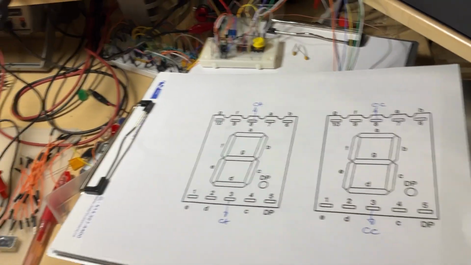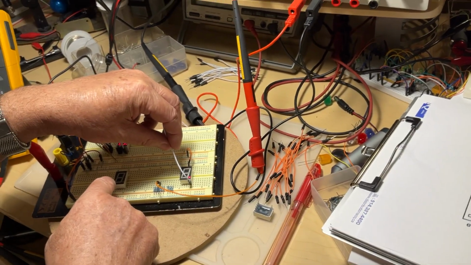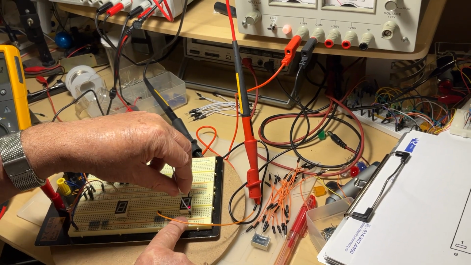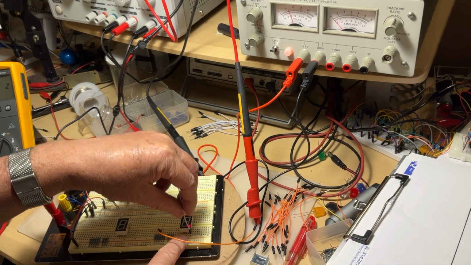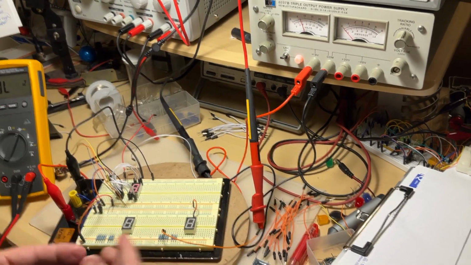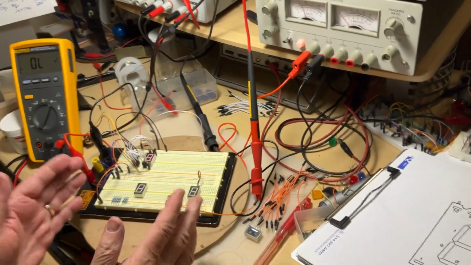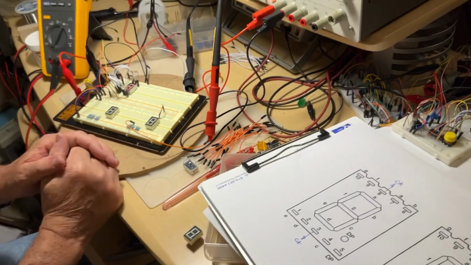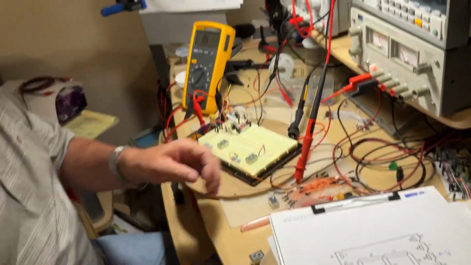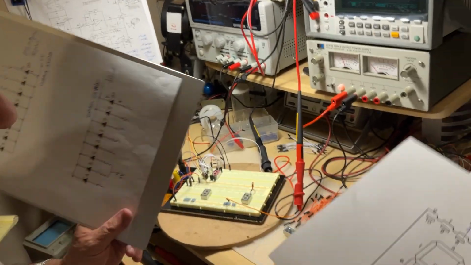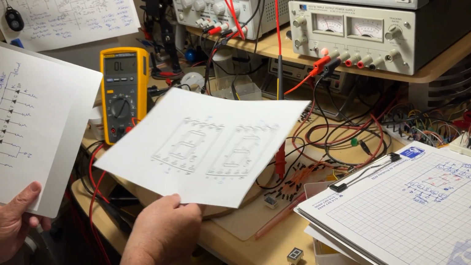So the arrangement of the pins is identical to the other one, but this is a common cathode arrangement. It's not a common anode, it's a common cathode, see? So that's how you can identify clearly, without even having the paper sheet from the manufacturer, which is which. And by doing this, remember, what did we need?